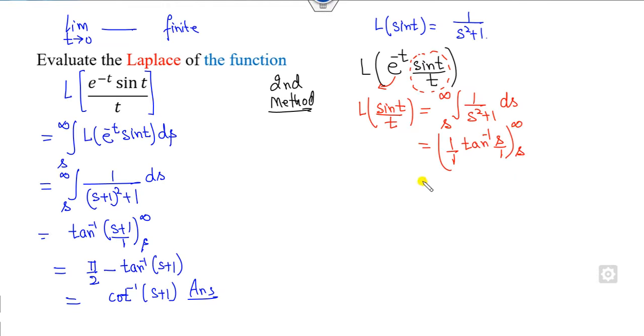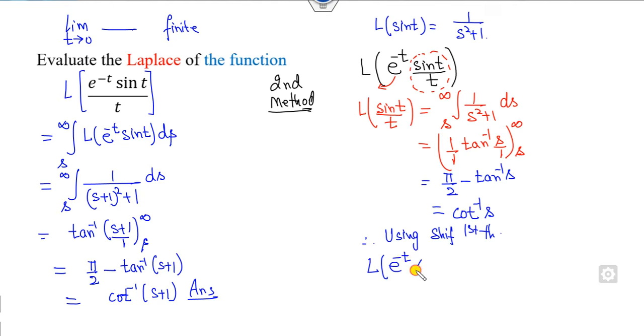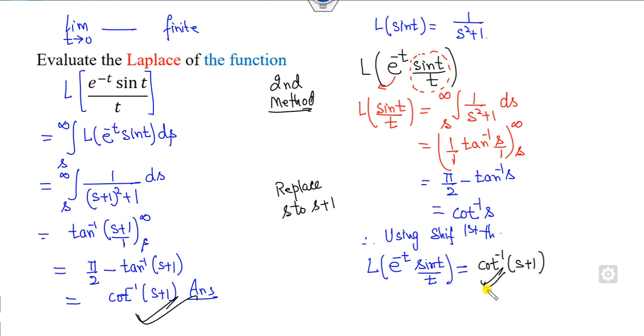So what is the answer of this? Tan inverse of infinity is pi by 2, minus tan inverse of s. So that will be cot inverse s. Therefore, using the first shifting theorem, what is the Laplace of e raised to power minus t sine t divided by t? You have to replace s with s minus a, so s plus 1. So that is cot inverse of s plus 1, and you can see both the answers are the same.